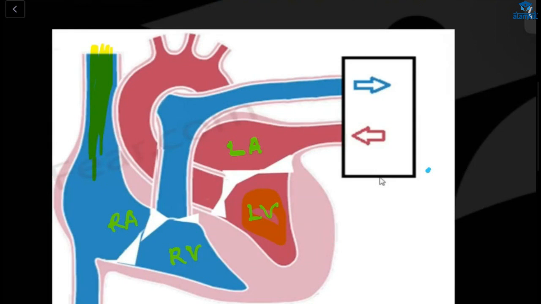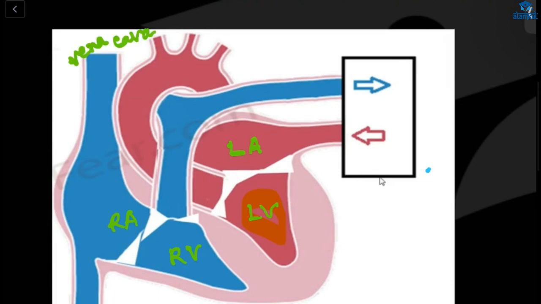Is it artery or vein? Ma'am, veins. So, which vein is it? Is it pulmonary veins? No, I am talking about this vein, which carries deoxygenated blood from all parts of the body back to the right atrium. It is vena cava.